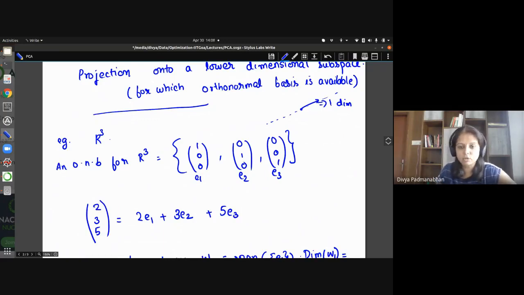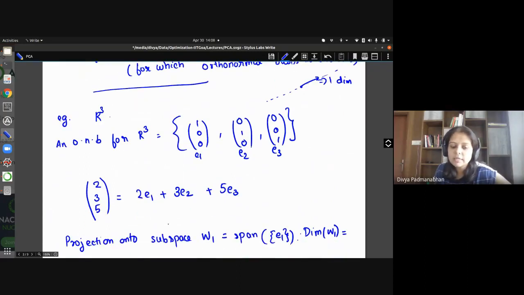So R3, every basis has a dimension of 3. So there'll be 3 vectors with which you can represent any point in R3. Now suppose I consider this subspace W1, which is constructed using just this vector E1. So W1 is just the span of E1.